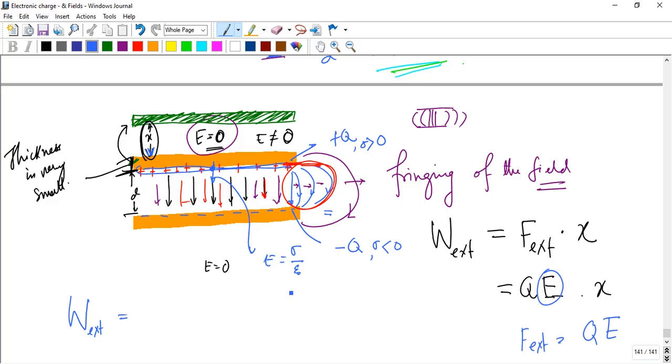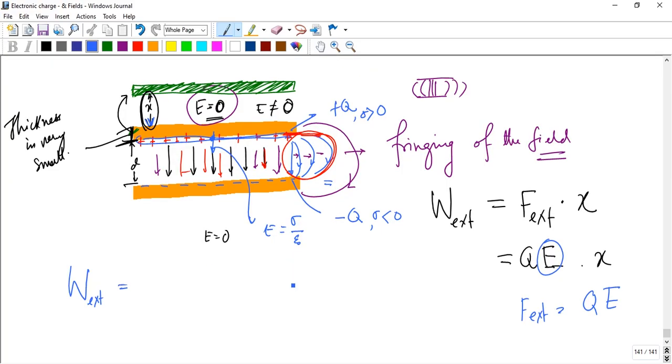So F external is half of QE, because the average is 0 plus E, divided by 2. So E average equals 0 plus sigma over epsilon naught, divided by 2, that is 1 by 2 sigma over epsilon naught.